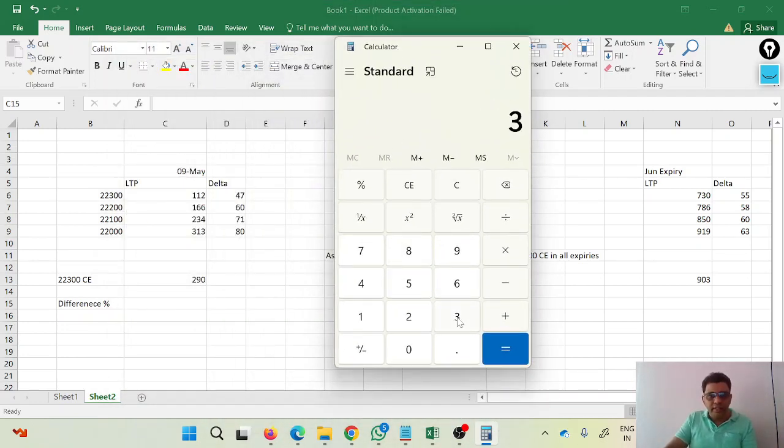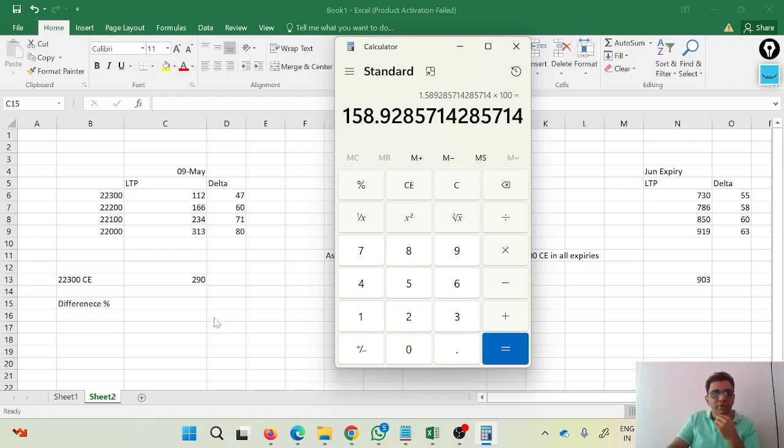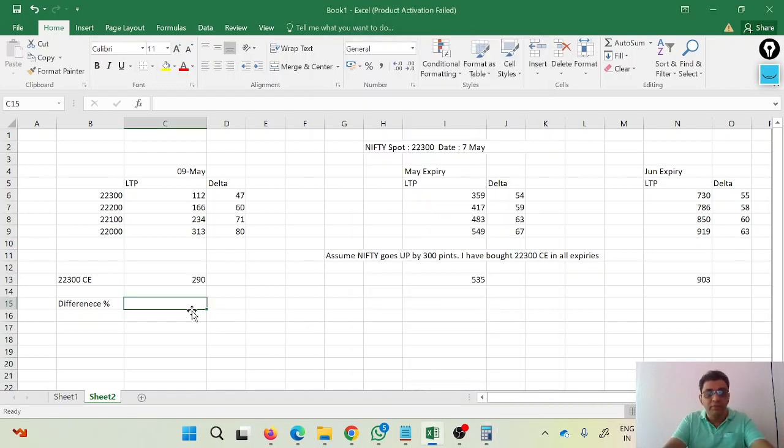So what is the value now? 290. Minus my buying price, 112, divided by 112, multiplied by 100. So this has increased by 58.92%, or I would say 59%. Difference, this is 159%.